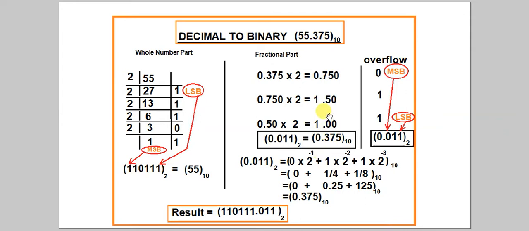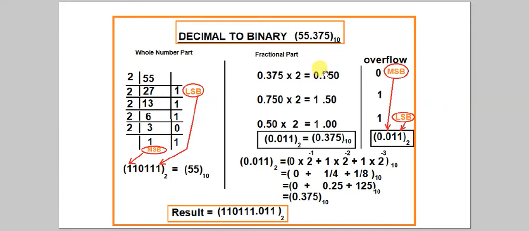Now coming to how we convert a decimal fractional number into a binary number. Whatever the fractional part is, we multiply it repeatedly by 2 till the fractional part becomes 0. So 0.375 multiplied by 2, we get 0.75. We look for the overflow.